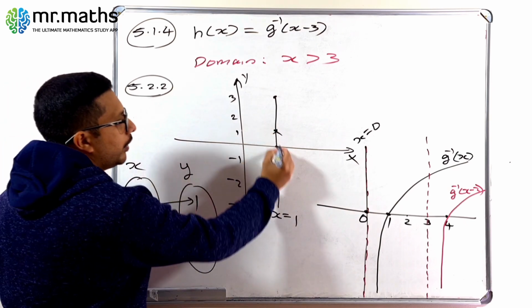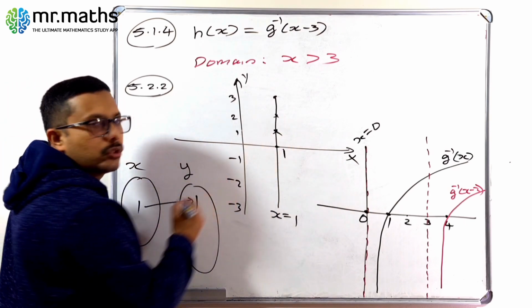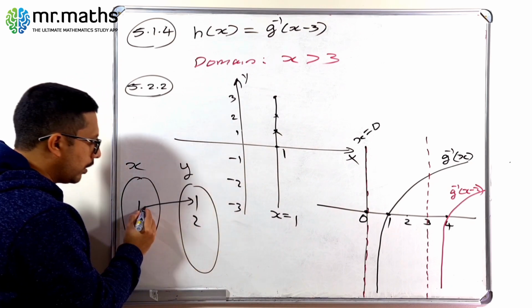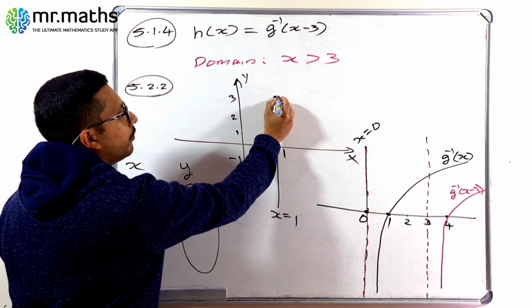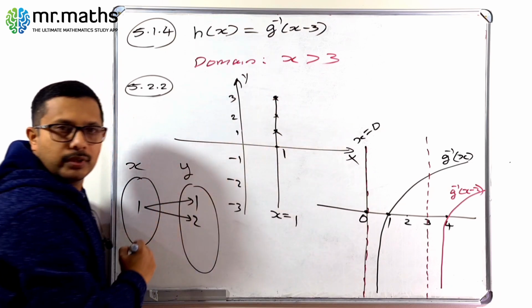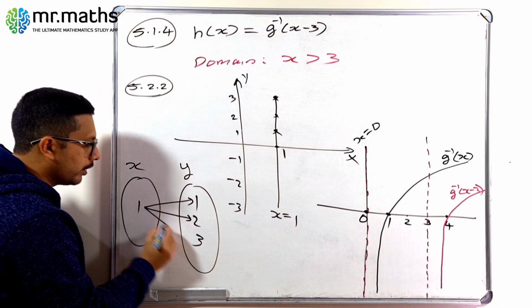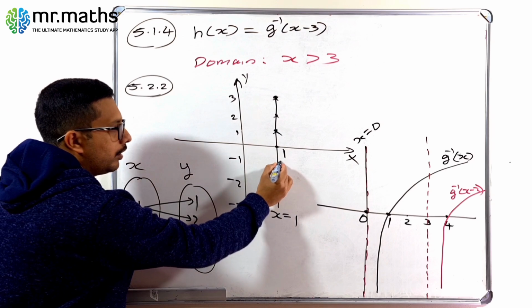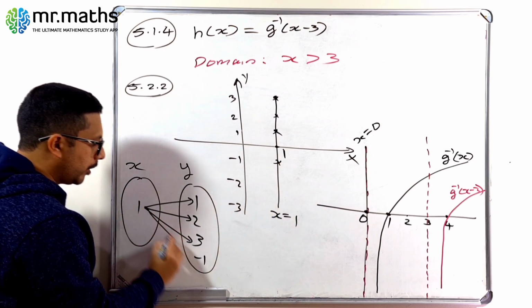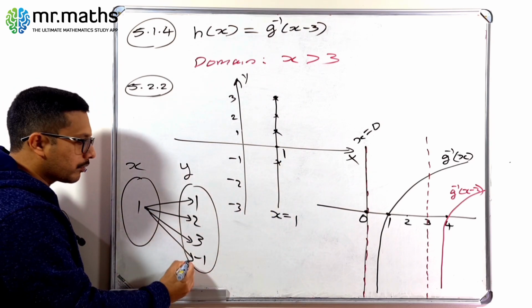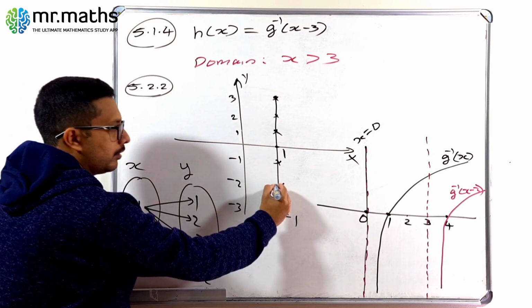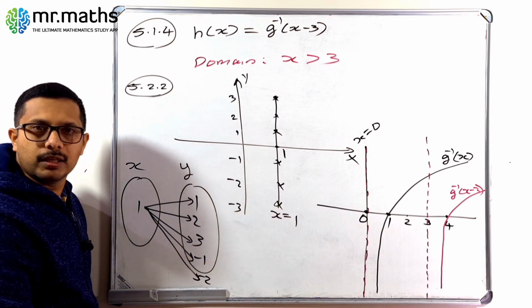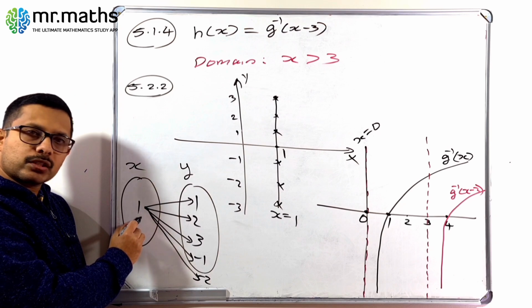Then when x is equal to 1, y is 2 also, so 1 is related to 2 also. Then x is equal to 1, y is equal to 3 also. Similarly, 1 is related to -1, -2, -3.